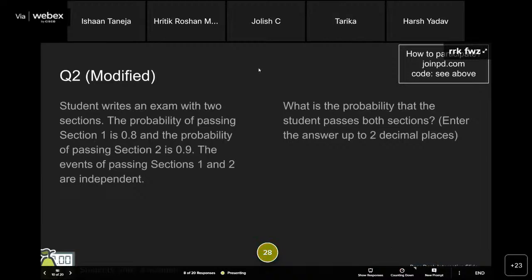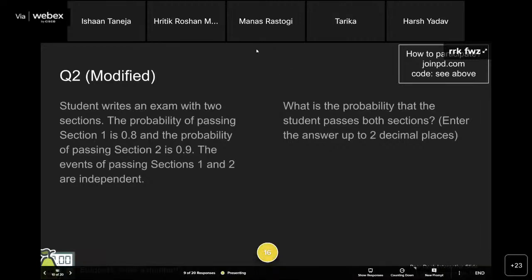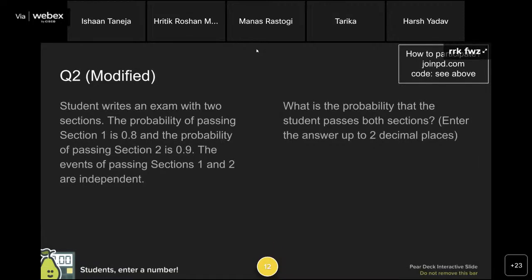Just a quick 30 seconds. I think most of you have already solved this one. We can think about this question, rather than section 1 and section 2, as term 1 and term 2. You can only qualify term 2 if you qualify term 1. Can we think like that?